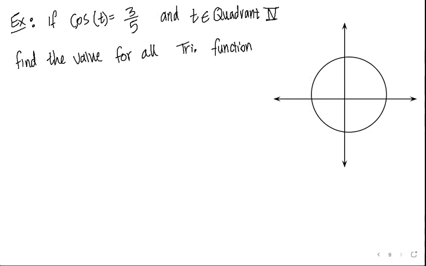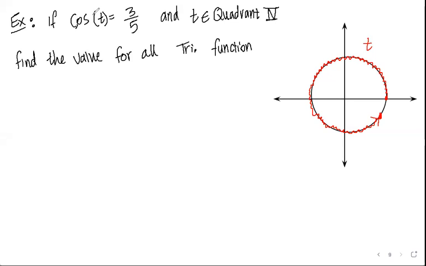This means I start walking from here around the unit circle like this, and I stop up to here. This is my t. You can't use the calculator for questions like this.